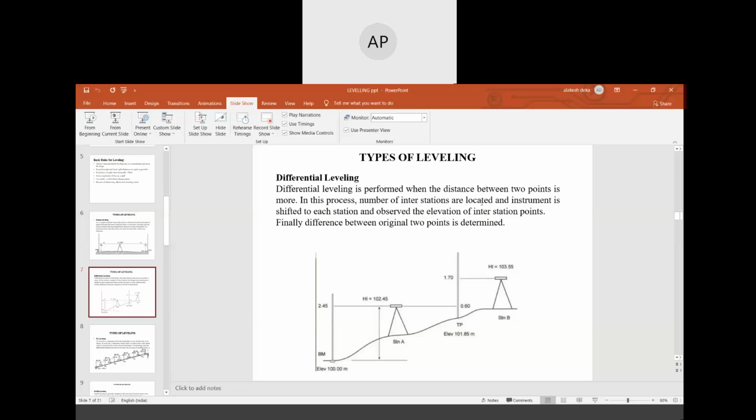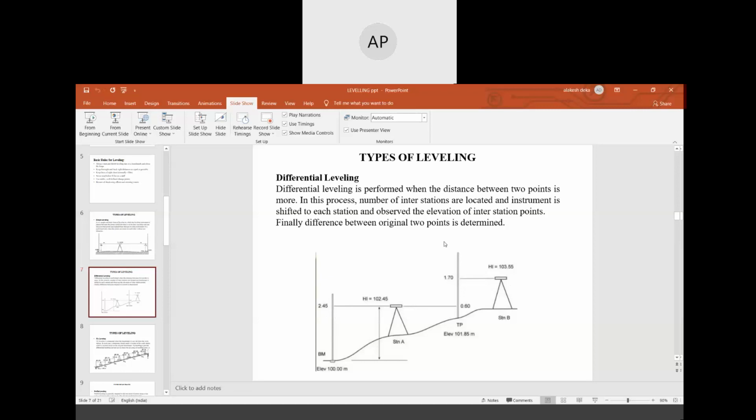In this process, a number of intermediate stations are located, the instrument is shifted, and the elevations of the intermediate station points are observed. So differential leveling is the process to find the vertical distances from a known elevation point to determine the elevation of unknown points.